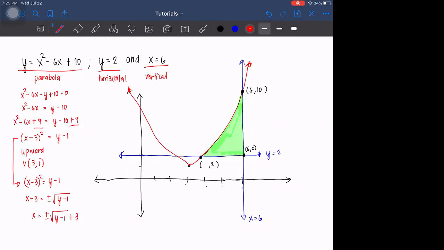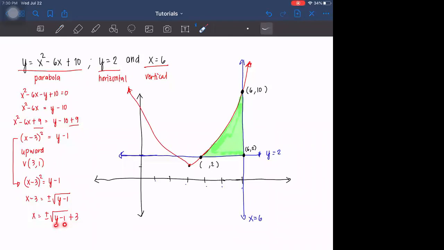Do you follow? So do we choose the plus or the minus? Plus, because it is on the right.